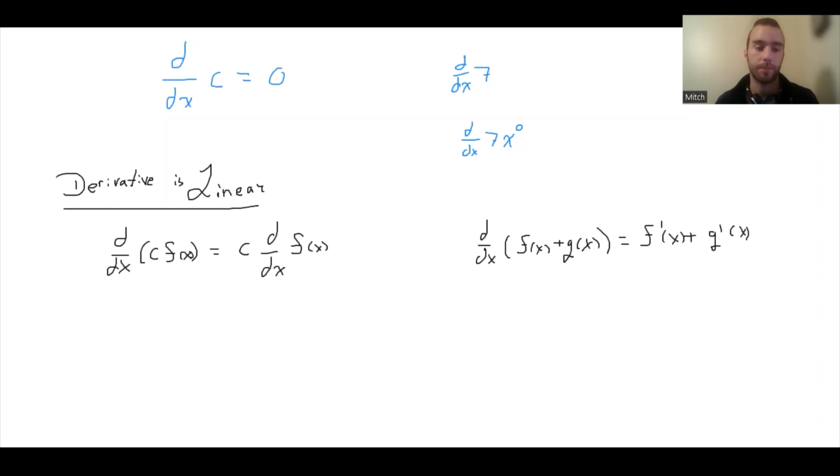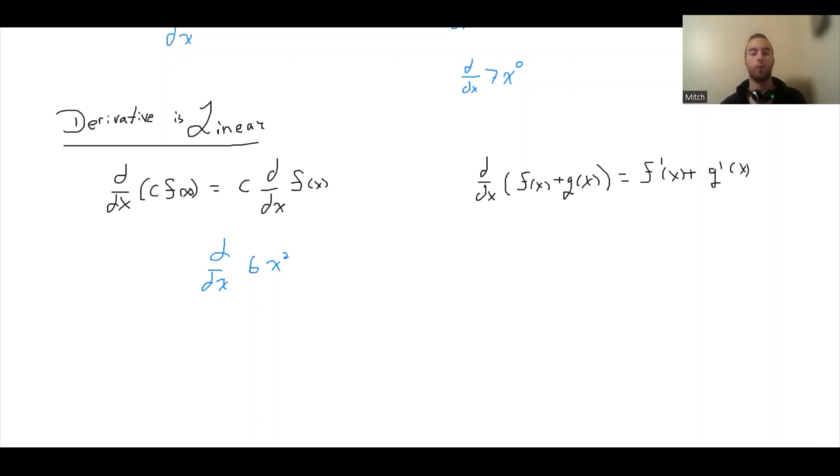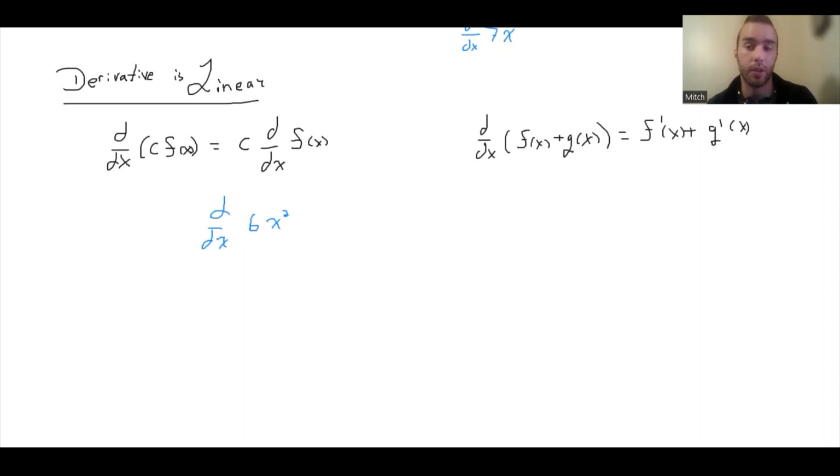Right here, what's the derivative d by dx of 6x squared? This 6, this constant in front, just moves right through that derivative. Because again, think about what it means to be the derivative.